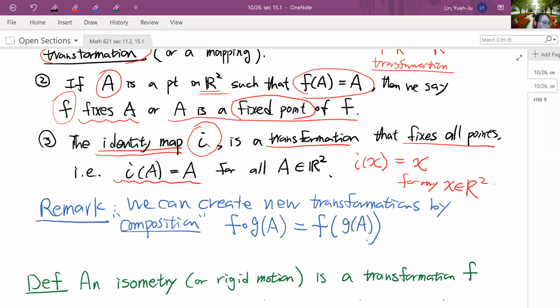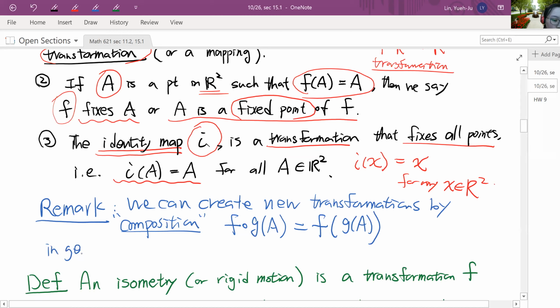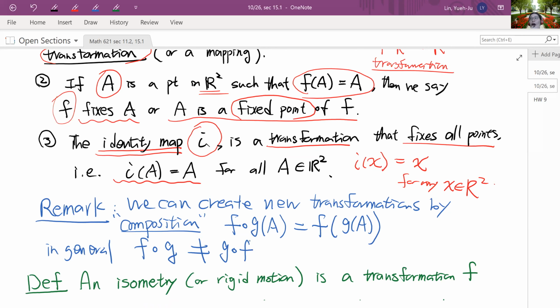But one thing you want to be careful about is that in general, F compose G is not the same as G compose F. So composition is not commutative.